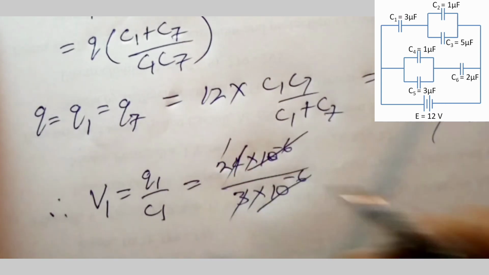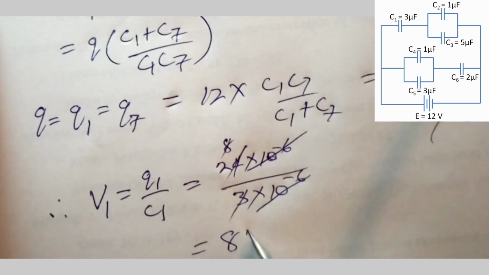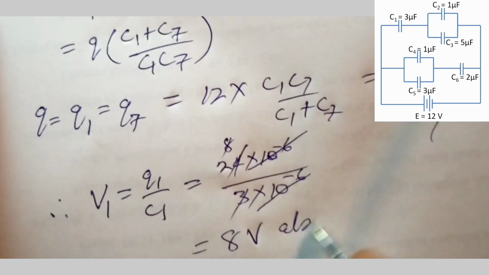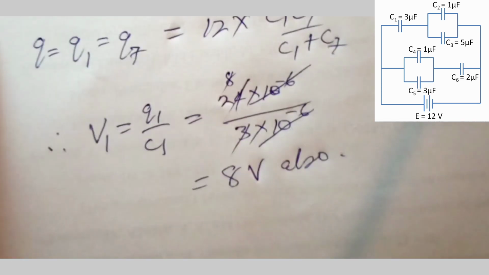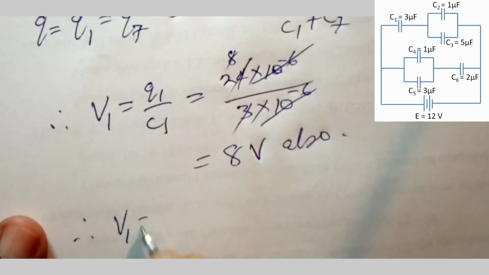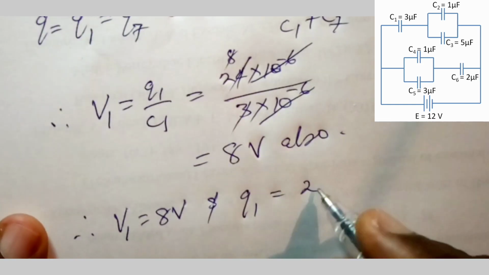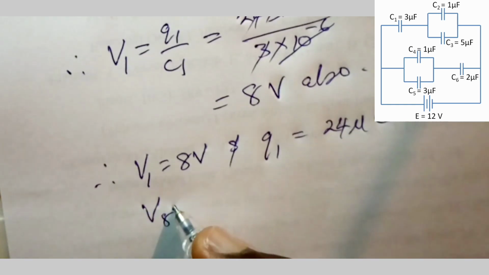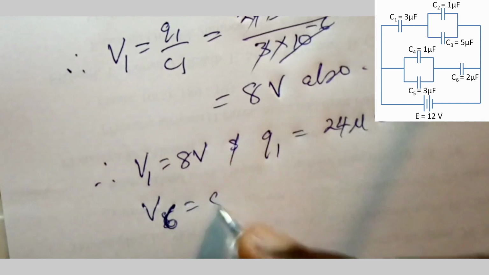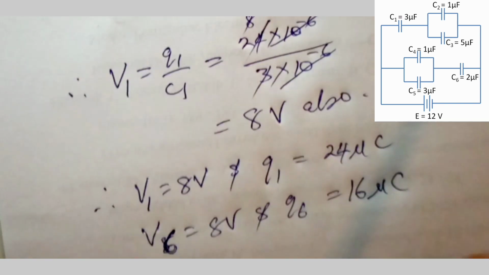This gives 8, which is equal to 8 volts also. So that is how to find it. Therefore V1 is equal to 8 volts and Q1 is equal to 24 microcoulomb. V6 is equal to 8 volts and Q6 is equal to 16 microcoulomb.